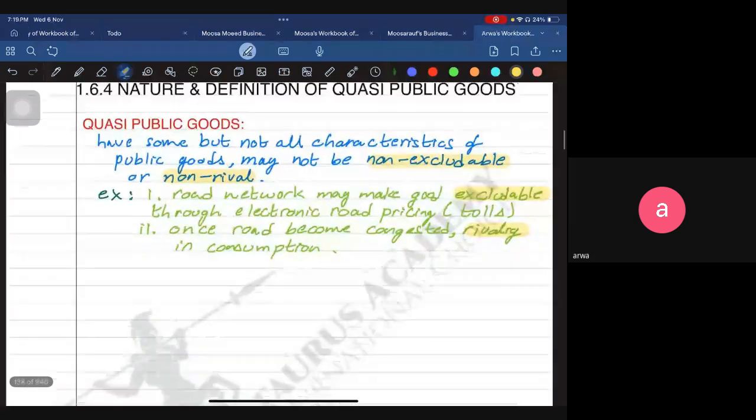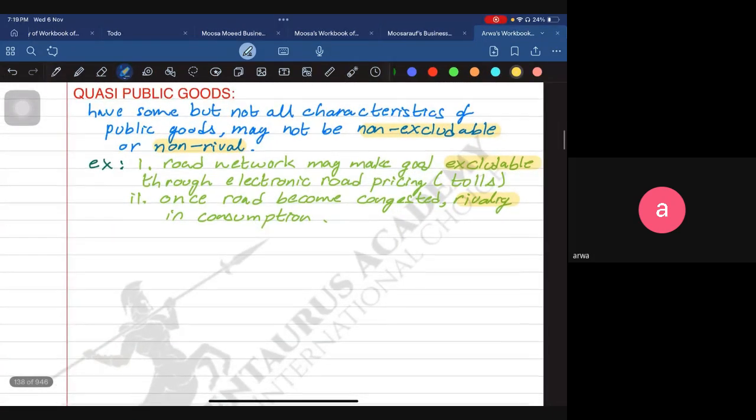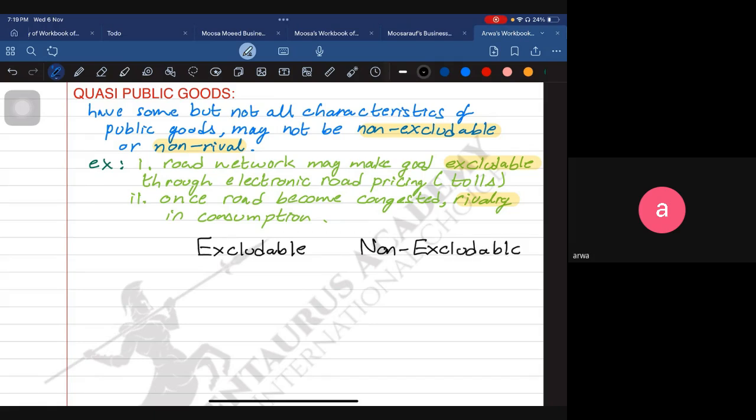Perfect. Brilliant. Okay, now moving forward, we are going to play a little game here, a very easy game. On one hand, we have the excludable and non-excludable. So, it's a very beginner level game, not too difficult.